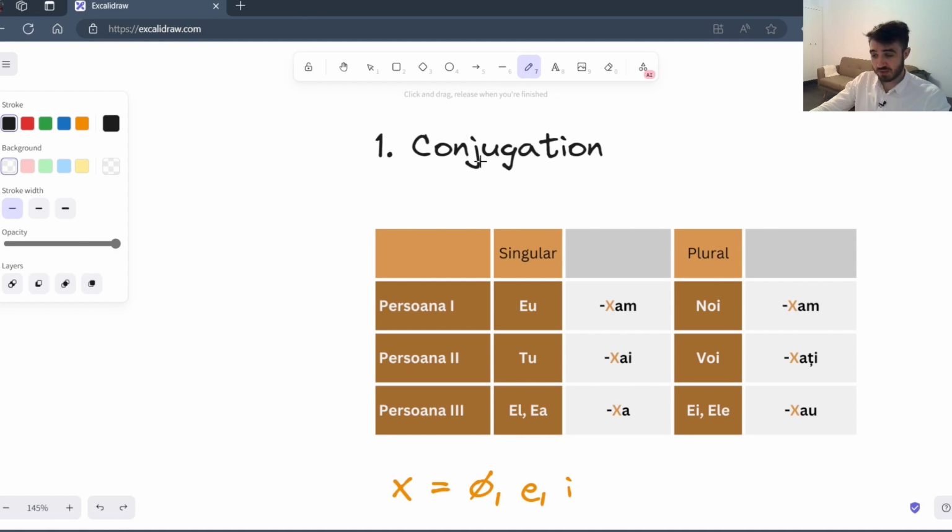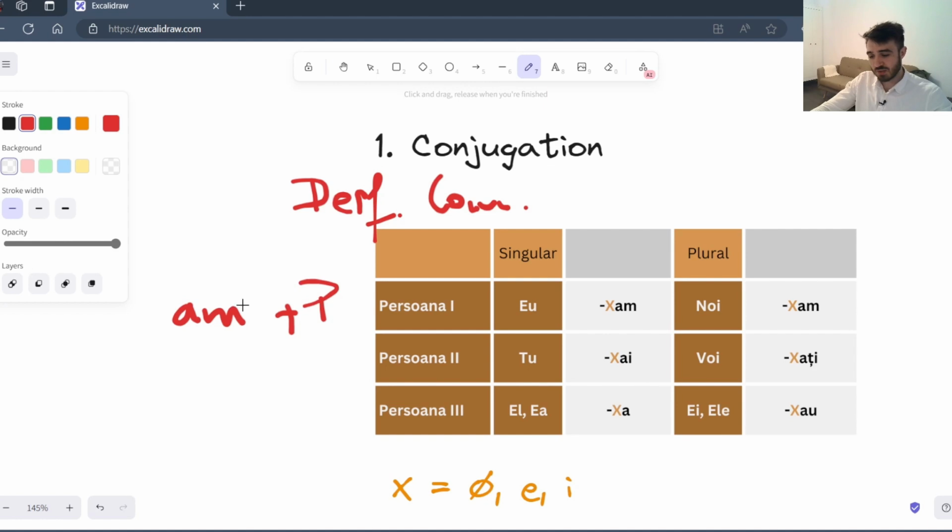So the first thing is here, which is a very easy way to look at it. You have the so-called conjugation. It is basically how you build it. And I think the first thing that you need to know when you conjugate the imperfect is that all the endings are basically the perfect compus auxiliary. But instead of putting them at the beginning plus the participle, you put this at the end.